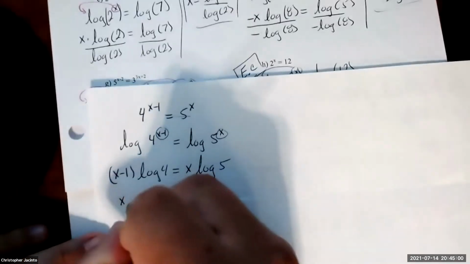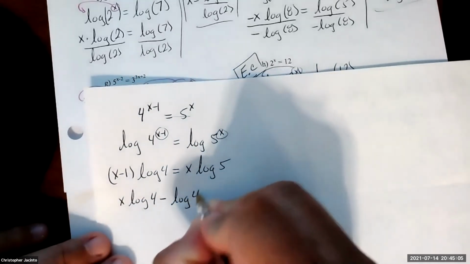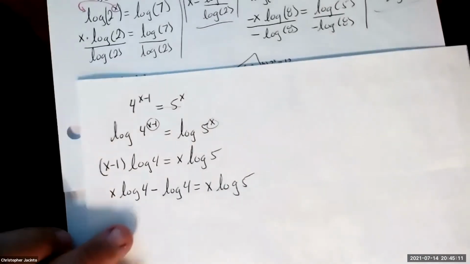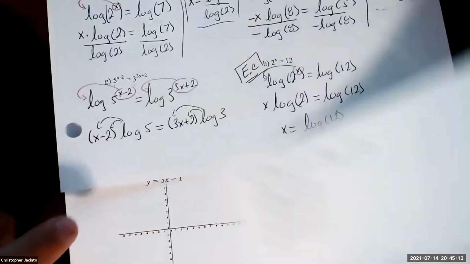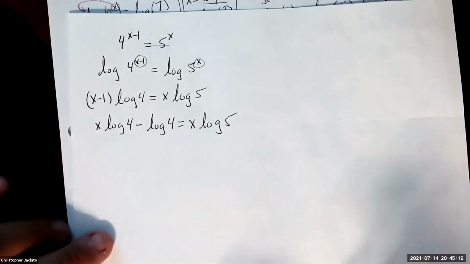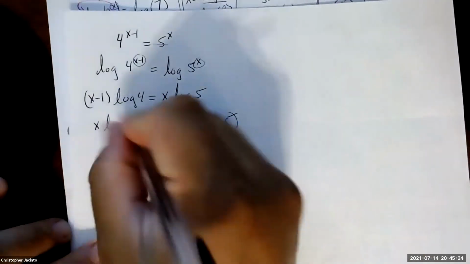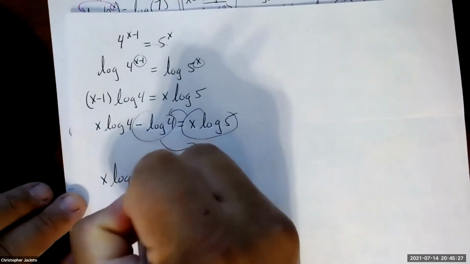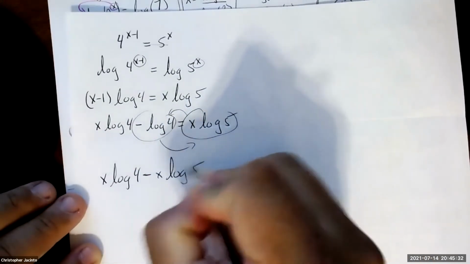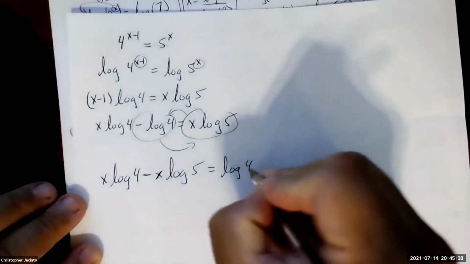So if I distribute, okay. At this point, we had all this mess, but notice we just have one less term, which is a little nicer to look at. And you still want to bring all the x's to one side, so I can bring this one here and bring that over there. So I'm going to have this first: x times log 4, and this is now being minus, because I'm subtracting it, log 5, equals, again, we're going to be adding it to the other side, log 4.